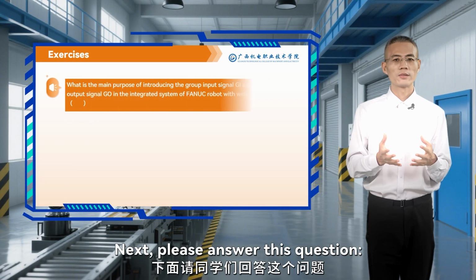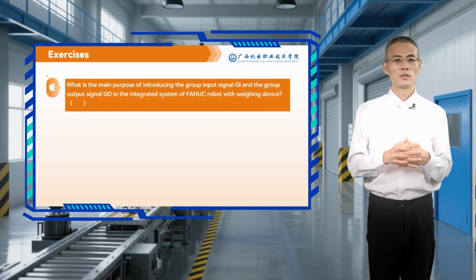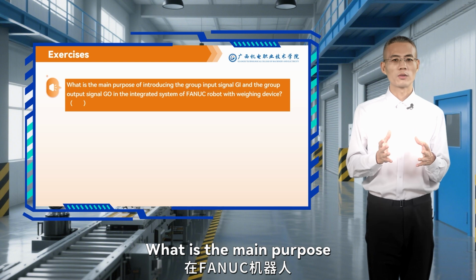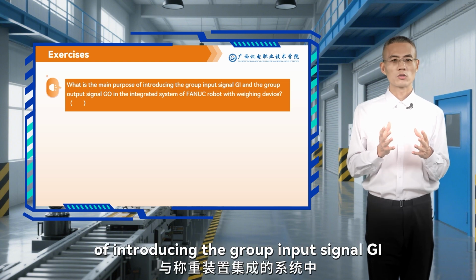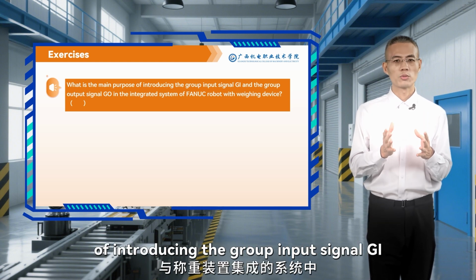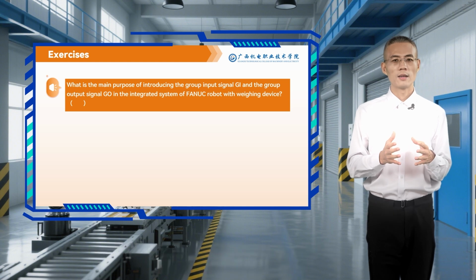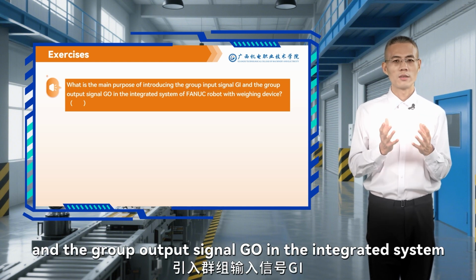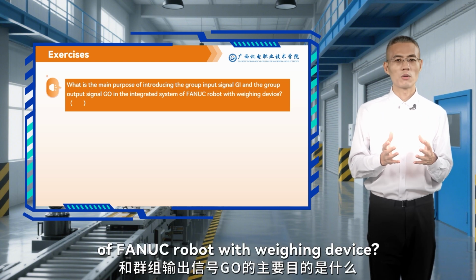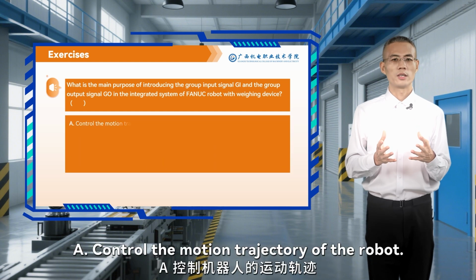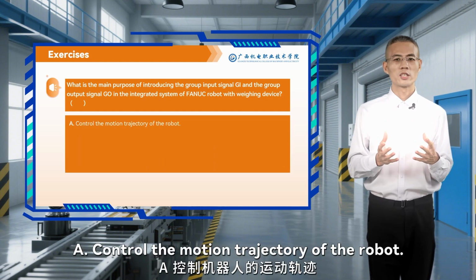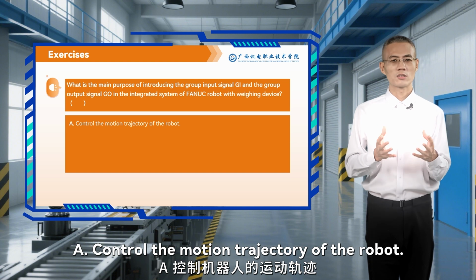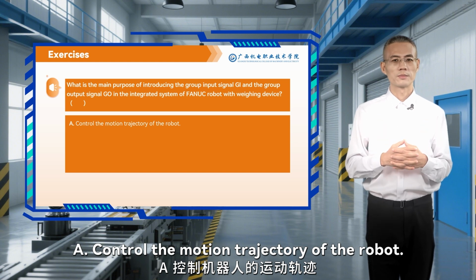Next, please answer this question. What is the main purpose of introducing the group input signal GI and the group output signal GO in the integrated system of the FANUC robot? A. Control the trajectory of the robot.